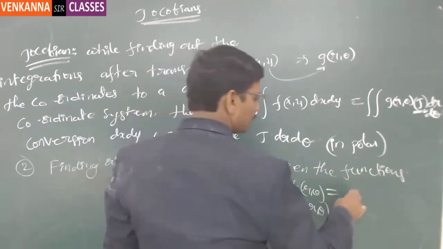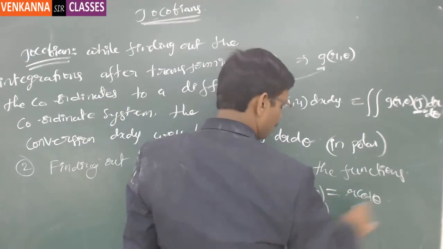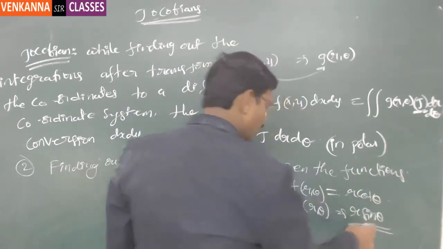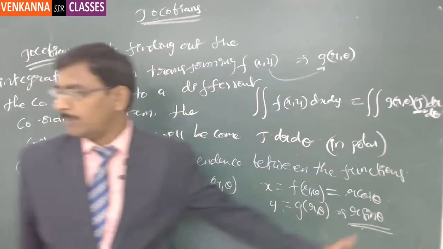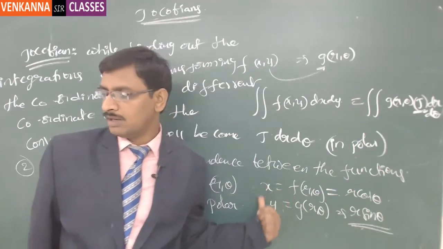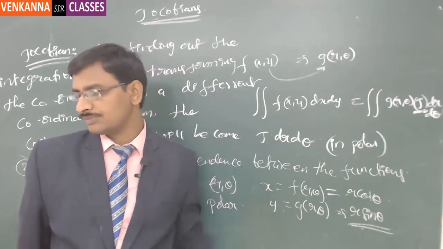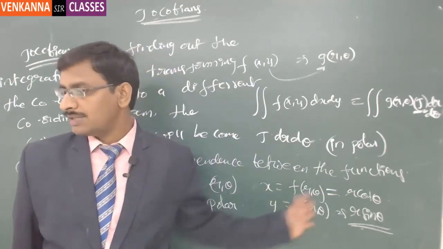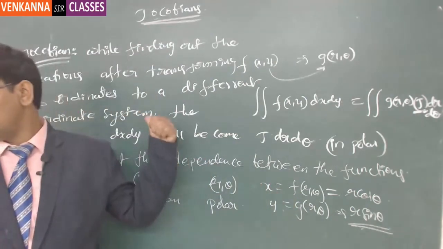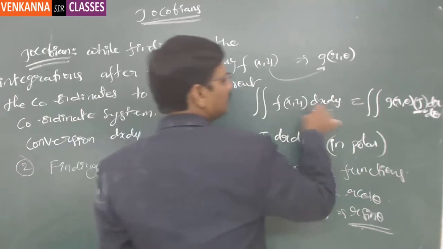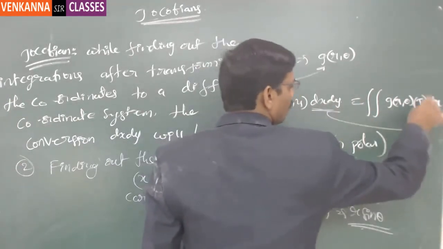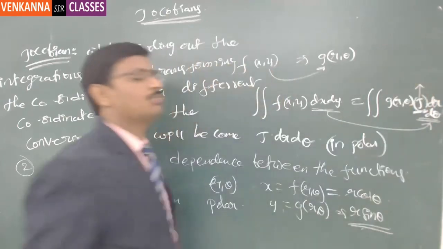Here x is r cos theta and y is r sin theta. Both depend on r and theta. Got it? Now, while doing the integration, if you want to convert dx dy into dr d theta, then this Jacobian has to be calculated correspondingly.